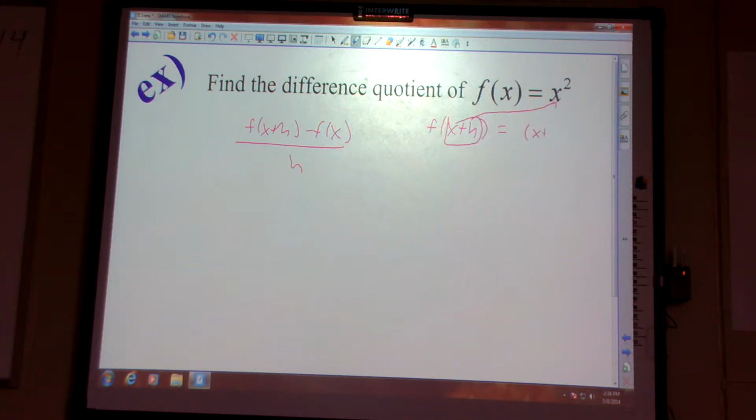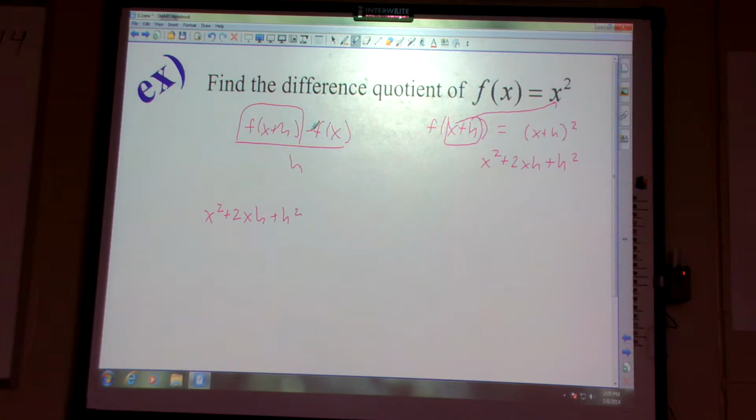So I have (x plus h) squared, which we already know is x squared plus 2xh plus h squared. So in my formula, this right here is x squared plus 2xh plus h squared minus my function. Well, my function is just x squared, all over h.